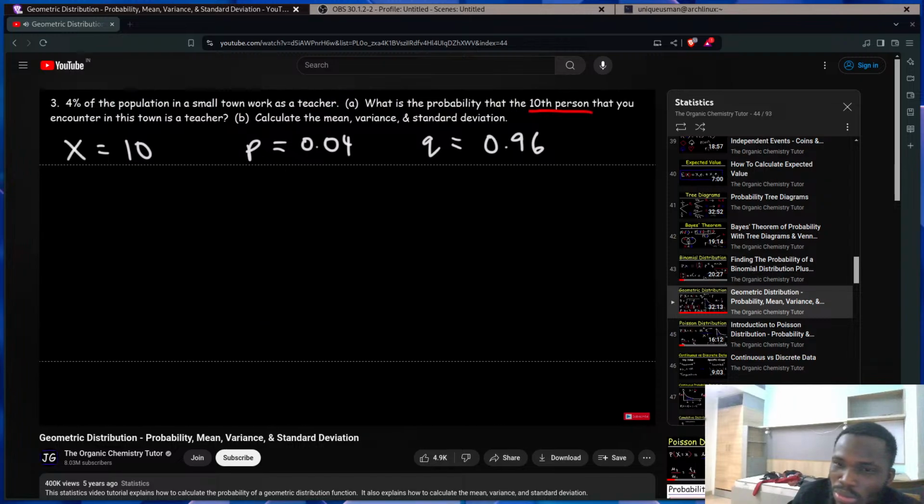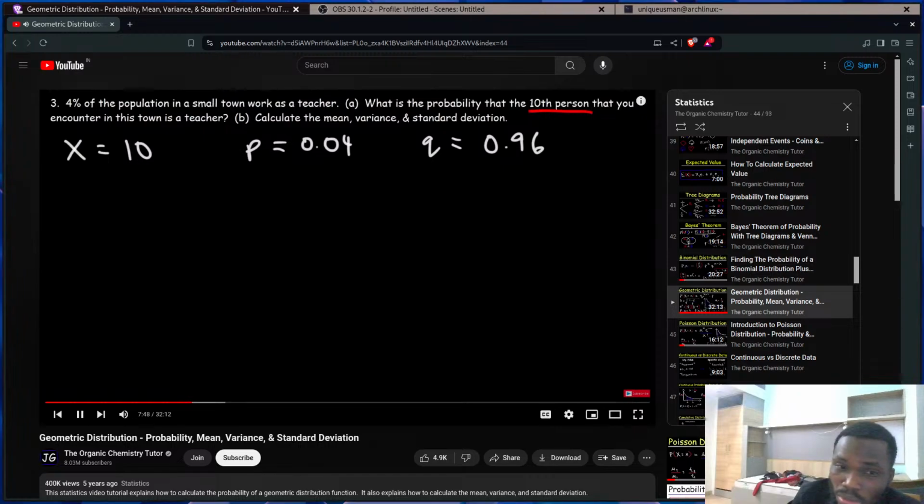Now let's move on to part B. Let's calculate the mean, variance, and the standard deviation. So let's start with the mean.